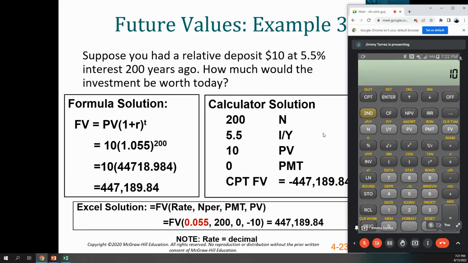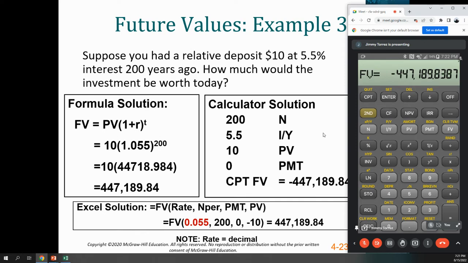So it's 10, present value, enter. The number of payments is 0. We only have 1, so I have 0, payment, enter. Again, we don't have to do this because that's the default. And what I want to do is compute the future value. So I hit CPT, future value, and there it is.